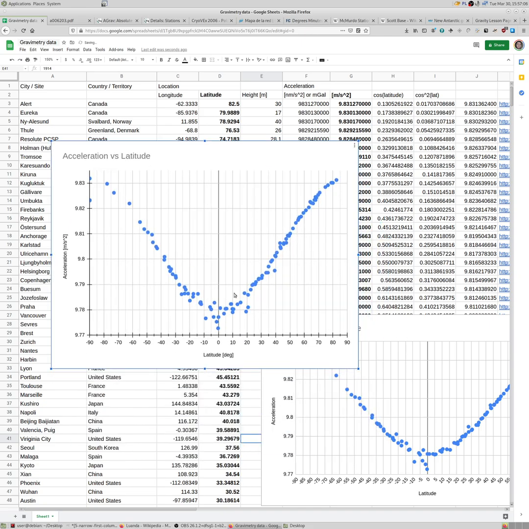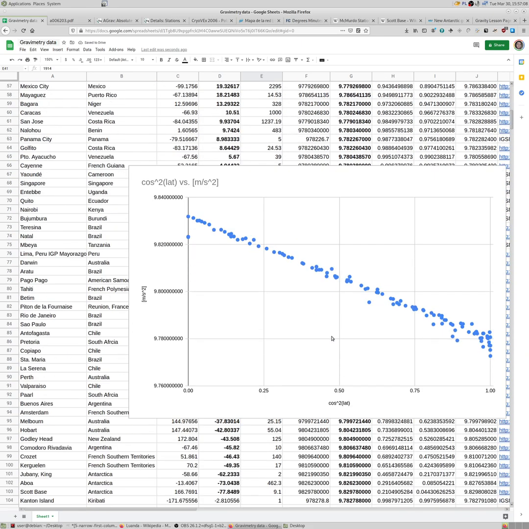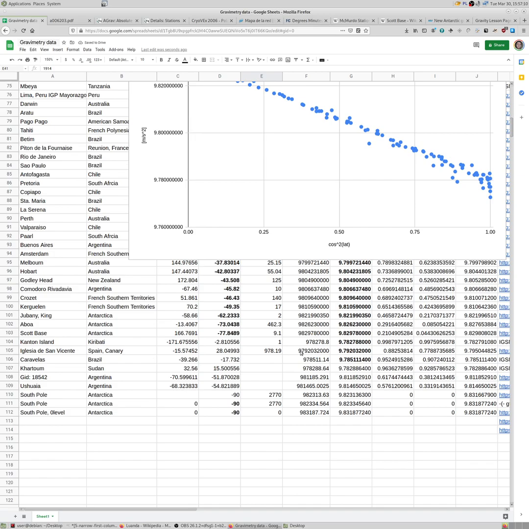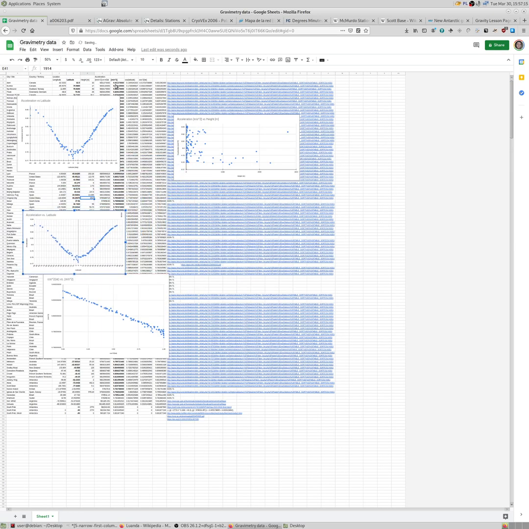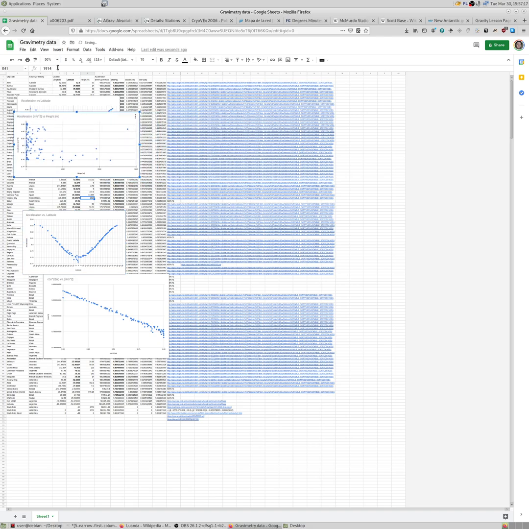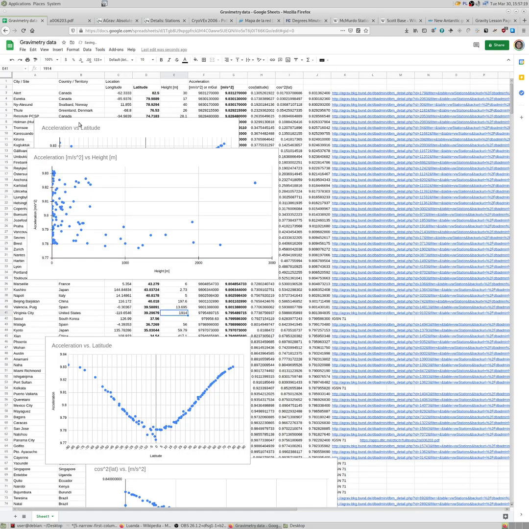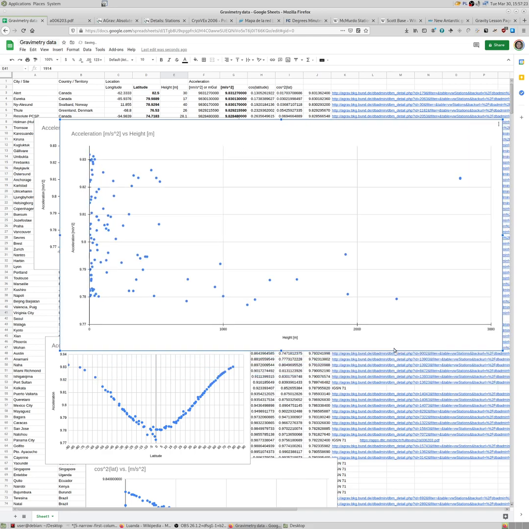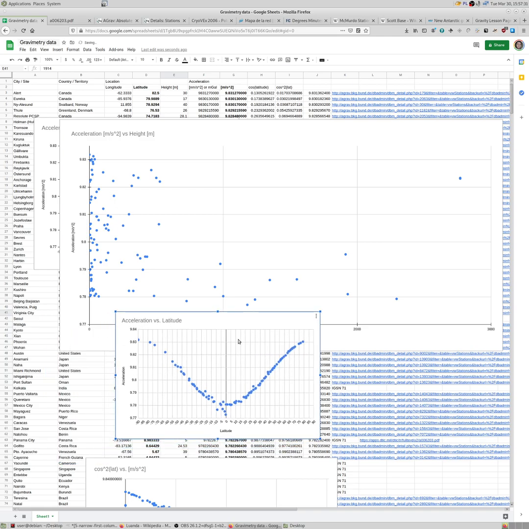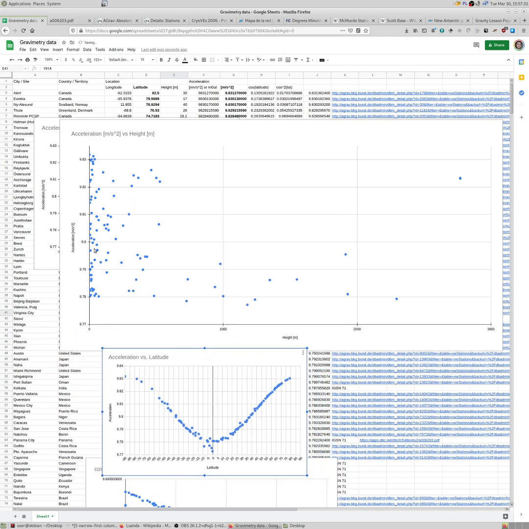If we look at just the height, I believe I have the graph summary here. The height itself doesn't explain anything. There's no relationship between height and acceleration, but latitude does very well.